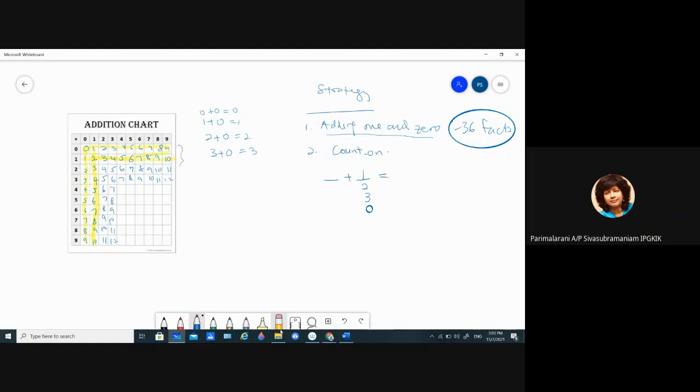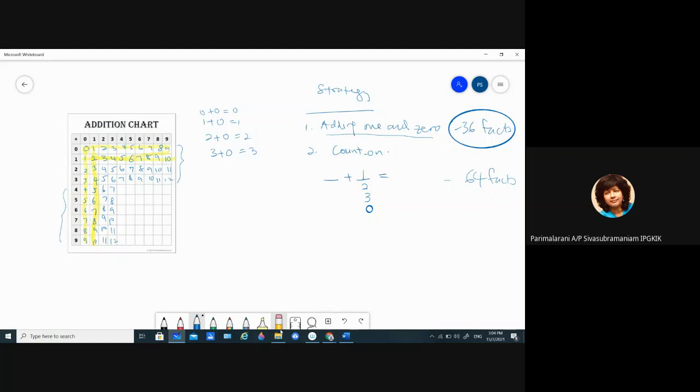Up here we have 40 facts. How many facts do we have here from here to here? 24 facts, right? 24 plus 40 is 64. 64 facts, correct? That means you must count each square that has a number.